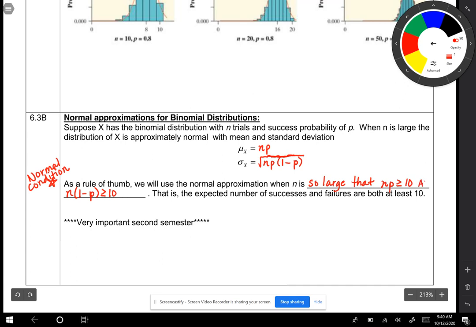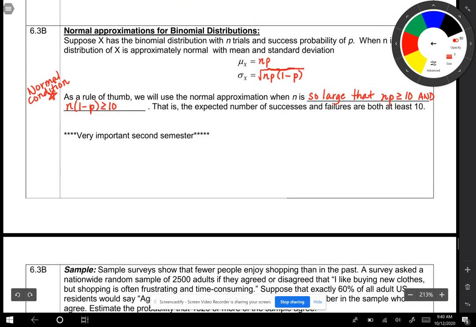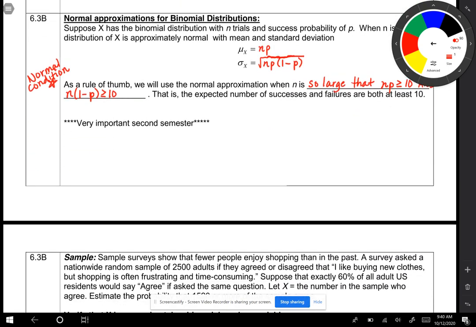So both of them have to be met in order for you to be able to use your normal CDF. So this is super duper important. When both of those are met, you can use the normal CDF, and then you would put your lower bound, upper bound, your mean, which in this case would be n times p, and then your standard deviation, which would be the square root of n times p times 1 minus p, right? And then you would just enter those in your calculator.